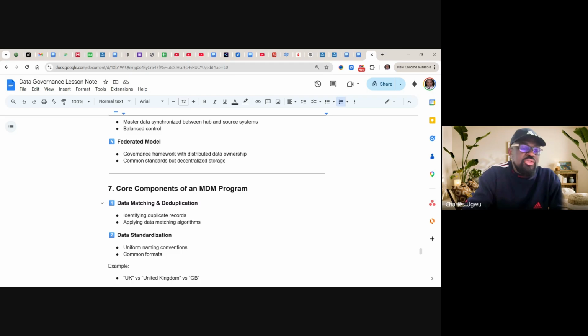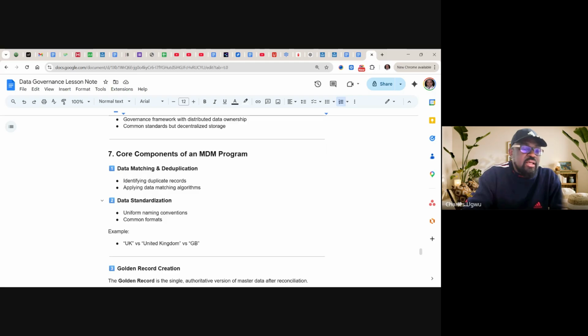So in this situation, we want a master data management program that can automatically detect duplicates. When we have duplicates, the master data is going to flag them.